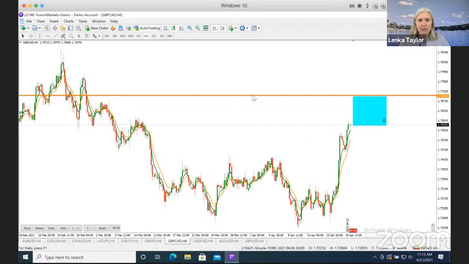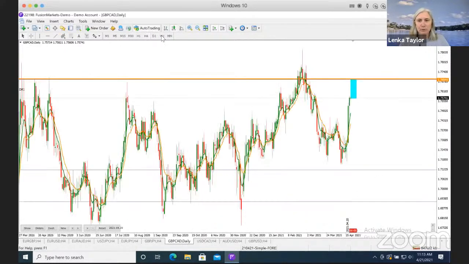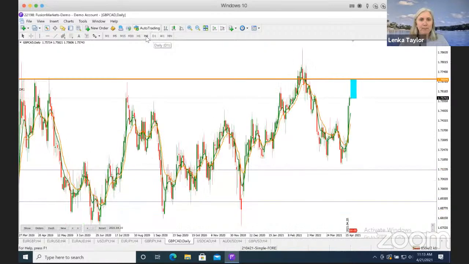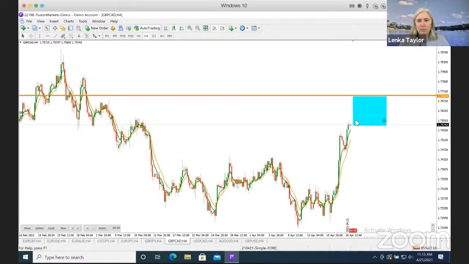So GBP CAD at the moment, I'm looking for a short. So there is that resistance. If it gets to that level, then I'm looking for a reversal at that point. So that might take possibly a little while to set up, or it might turn around at these previous peaks and troughs here. So I'm just looking at a short on that currency pair.